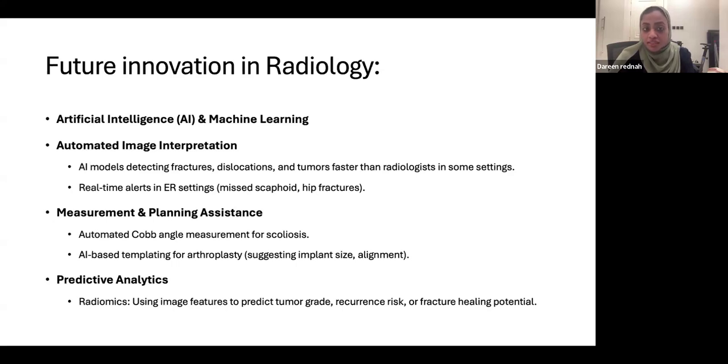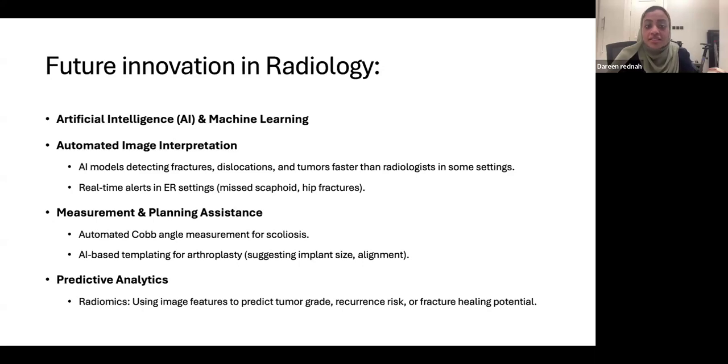AI models detect fracture, dislocation, tumor faster than radiologists in some settings. They are developing software for radiology, still under development, but we cannot depend on it at this time because of the accuracy.